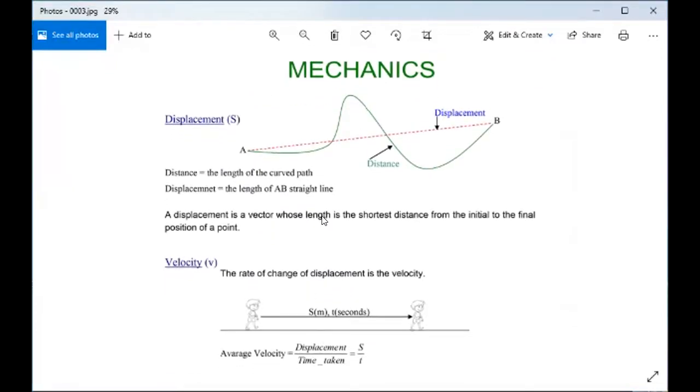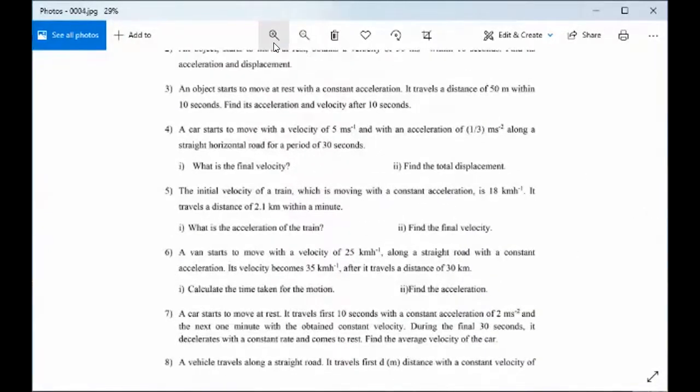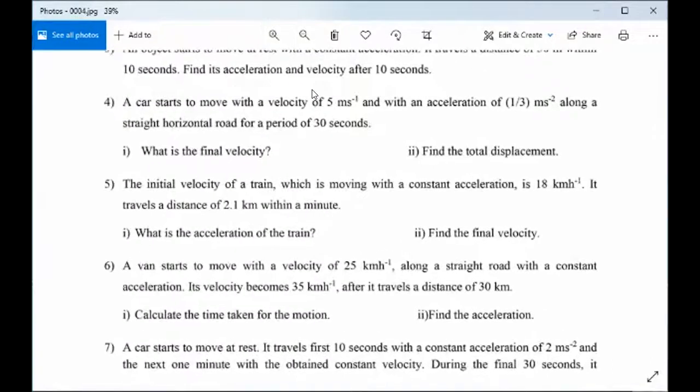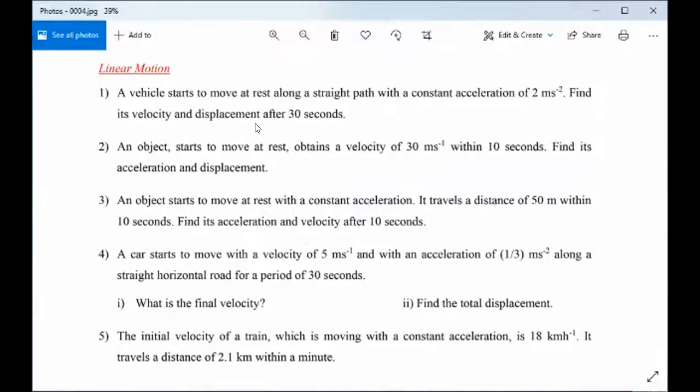Now let's go to the first question of the tube. This is the first question given in the 600 questions tube.